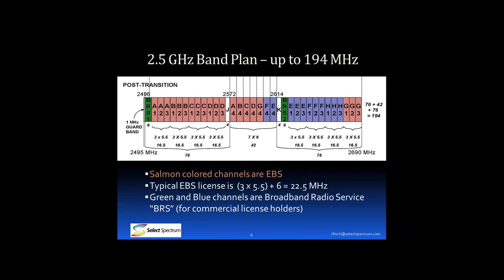So a total of 22.5 megahertz when you add the 6 megahertz associated with the A4. That's a typical license. Some are less, a very few are more, but that's what many institutions hold. And it would cover an area similar to what I showed on the previous slide. So that's a typical organization.